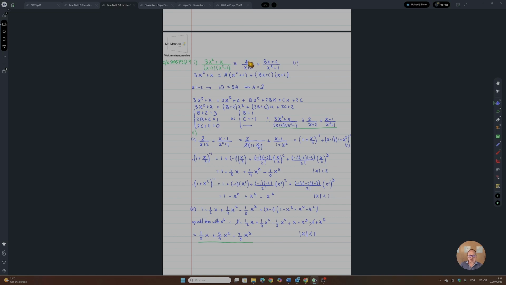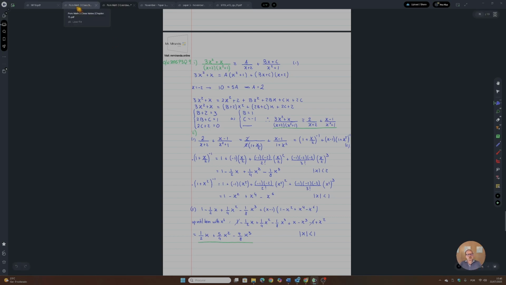What do I mean with this? If you multiply the whole thing by this, you eliminate the x plus 2, right? They cut out, and you are left with the x squared plus 1. If you do the same thing, multiply the whole thing by that, the numerator is going to cut out the x squared plus 1, leaving just the x plus 2, okay?